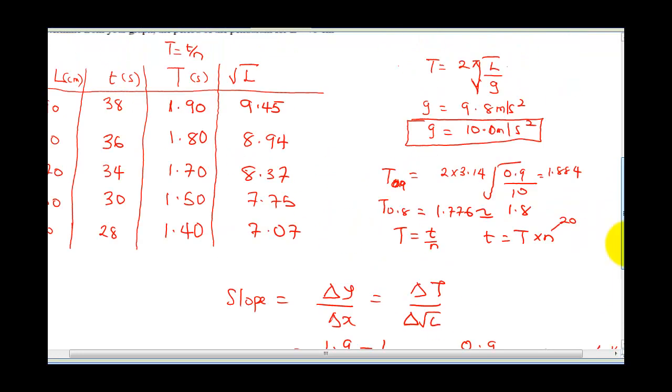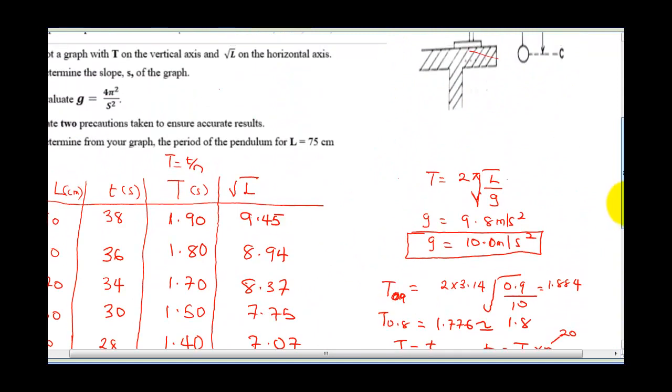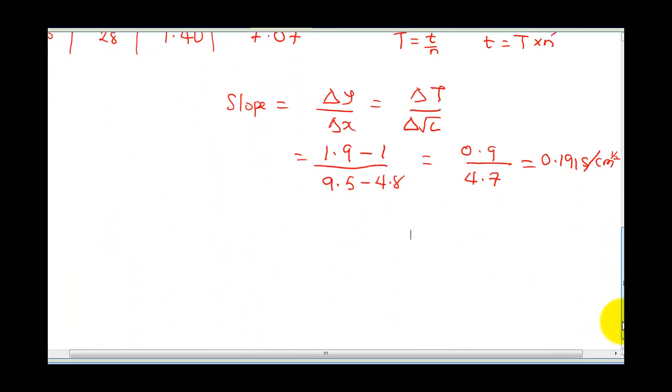Okay, so the next question says we should evaluate g, which is equal to 4 pi squared over s squared. And this is going to be 4 times 3.14 squared all over our s, which is 0.191 squared.